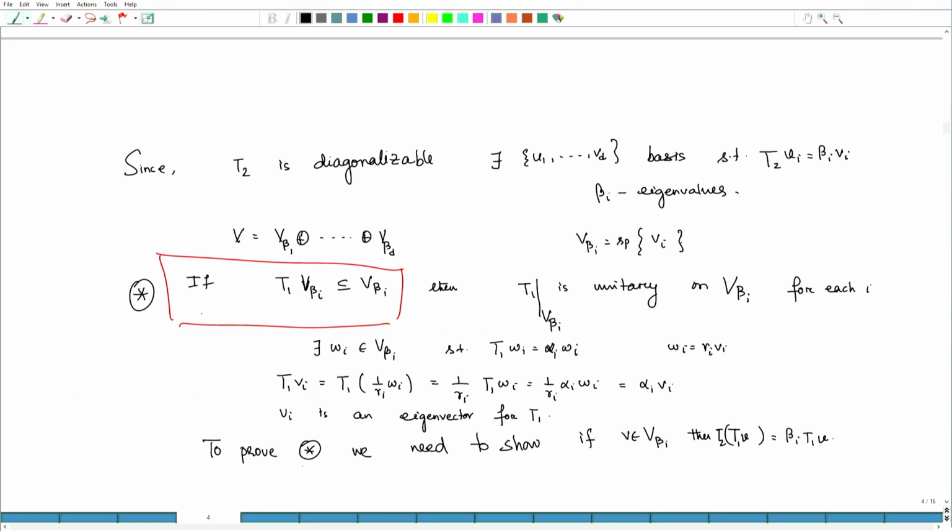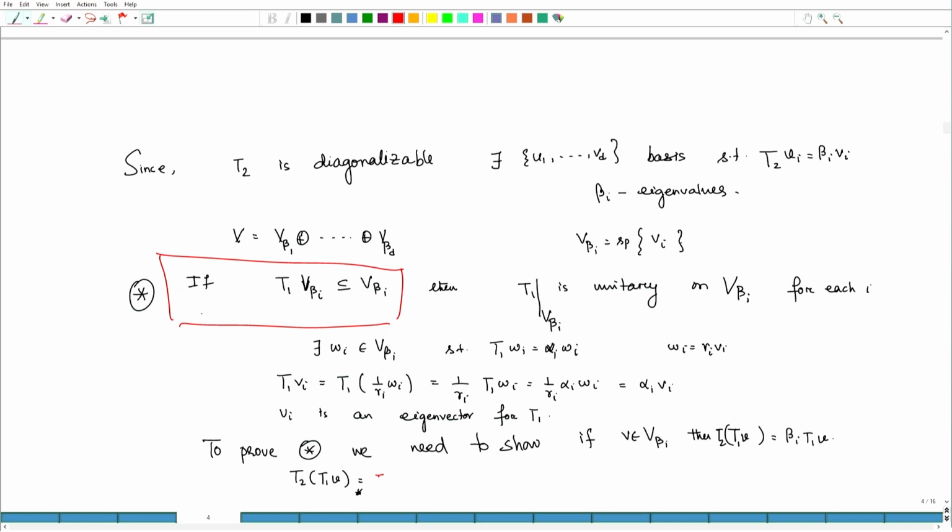Now let us look at T2 of T1 of V. Suppose we put the condition that T1 and T2 commute with each other.